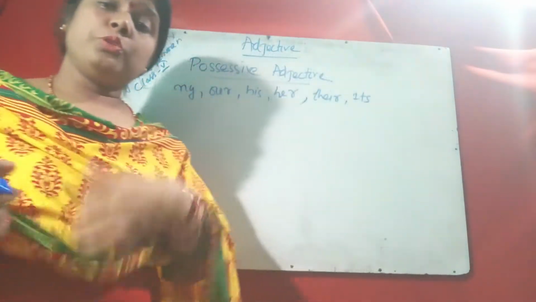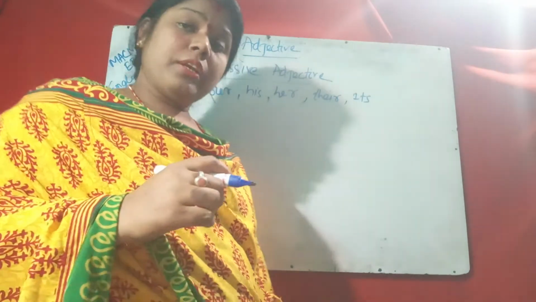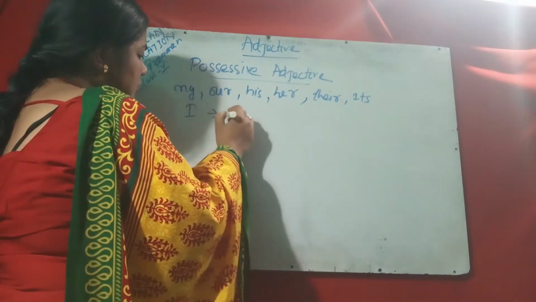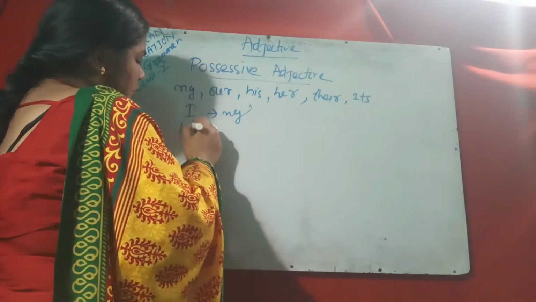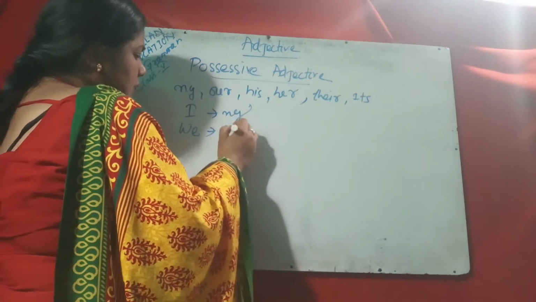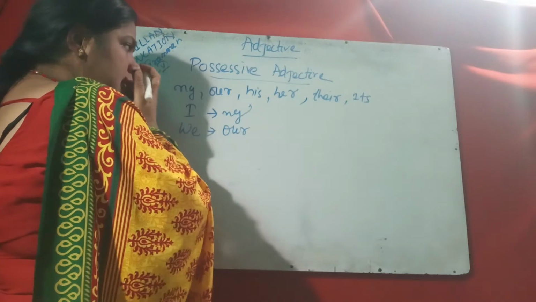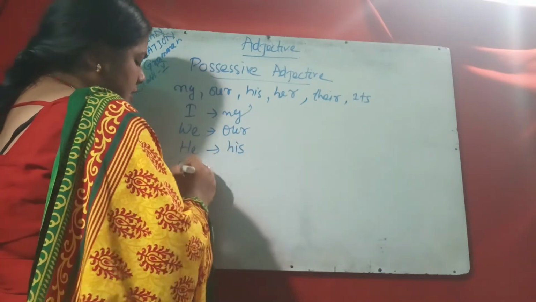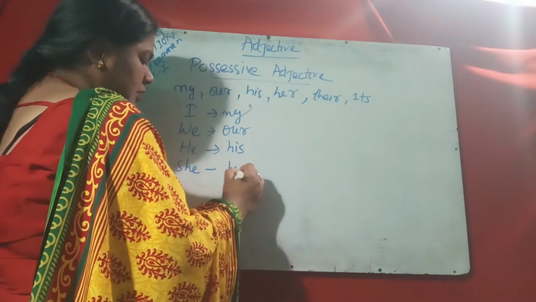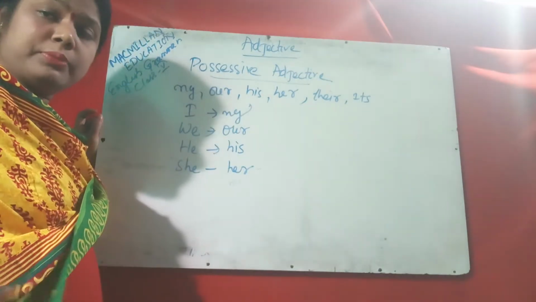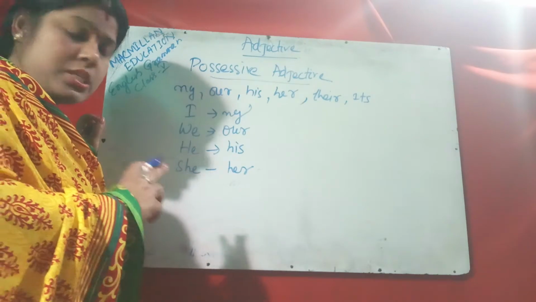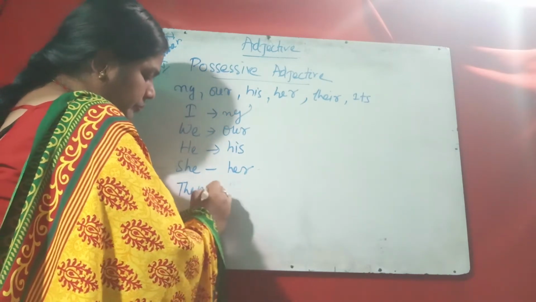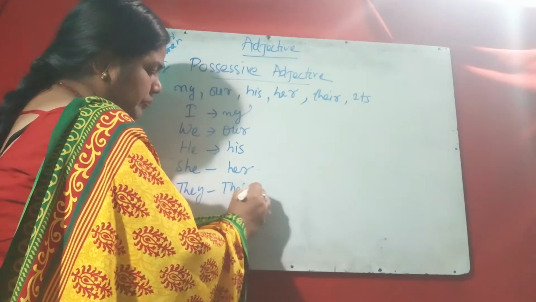So where do you use possessives? Suppose the pronoun is I. For that we use my. If the pronoun is we, we write our. He, his. She, her. According to the subject, the possessive will be used. So she, her, then they, their.